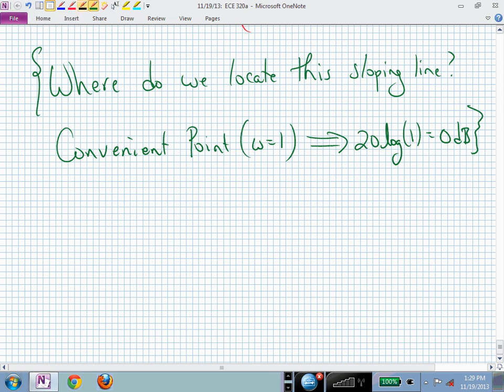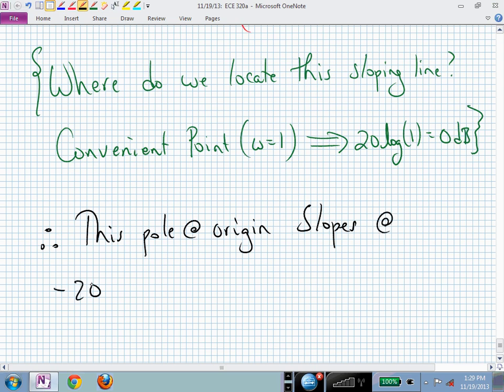What that means then is we have this pole at the origin is always sloping with a slope of minus, since it's a pole, 20 dB per decade. It was just one pole at the origin, so it's just minus 20.